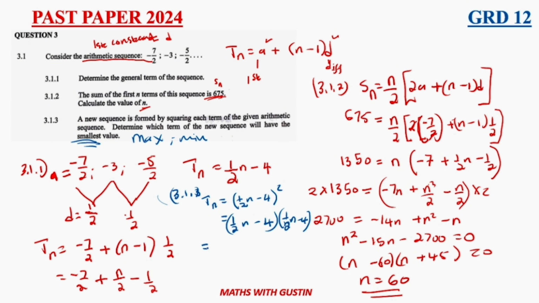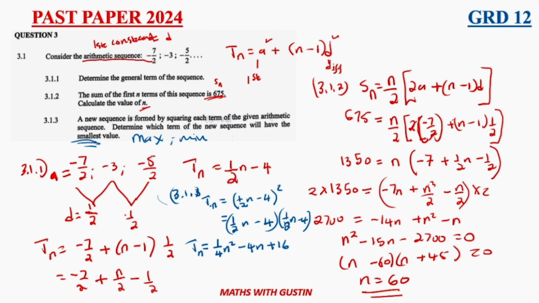Basically what you can do here is remove the bracket. Half times half is a quarter n squared, and then the middle term, if you do it correctly, should give you minus 2 times 4 over 2, which is minus 4n, and therefore positive 16. All right, so this is our new Tn.